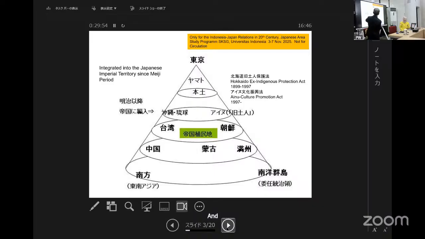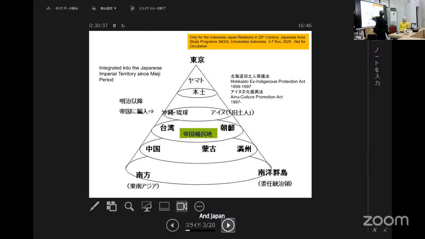And this is the plate. I tried to indicate the process and structure of the Japanese pre-war and wartime empire. This is the expansion process. This is mainland Japan and Ryukyu, Okinawa, and Ezochi.